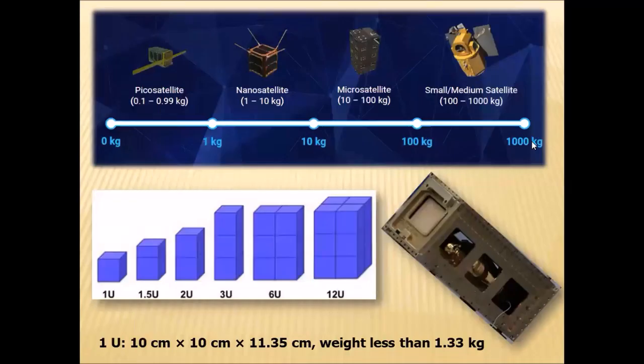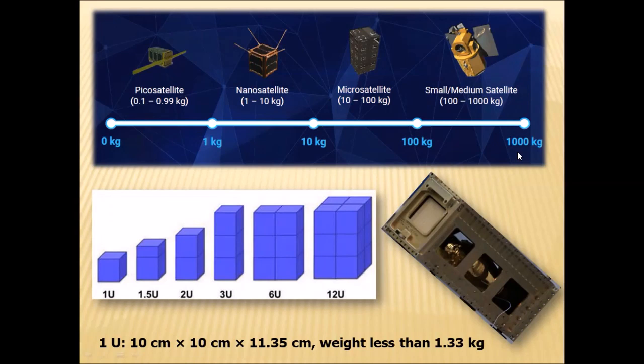And the satellites are normally defined according to their weight: 0 kilogram, 1 kilogram, 10 kilogram, 100 kilogram, and 1,000 kilogram. The so-called CubeSats are designed according to their specification.